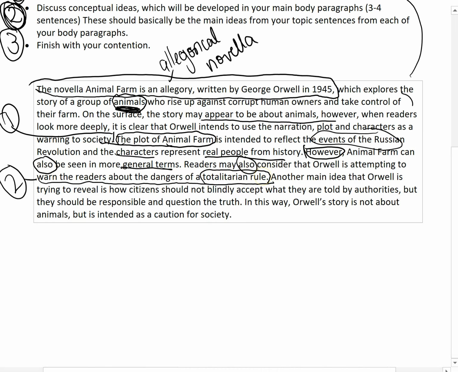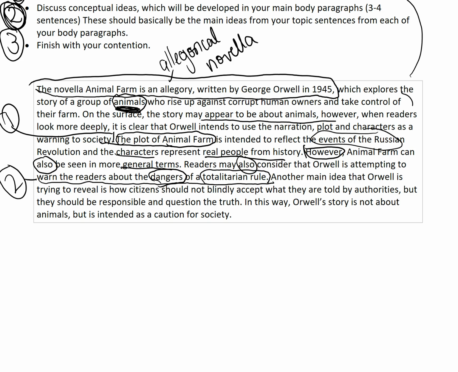So not just the Russian Revolution, but maybe show connections to any power-hungry ruler. And the dangers might show the negative impact of what happens if a ruler has total control. So that's what I'm expecting in body paragraph 2.